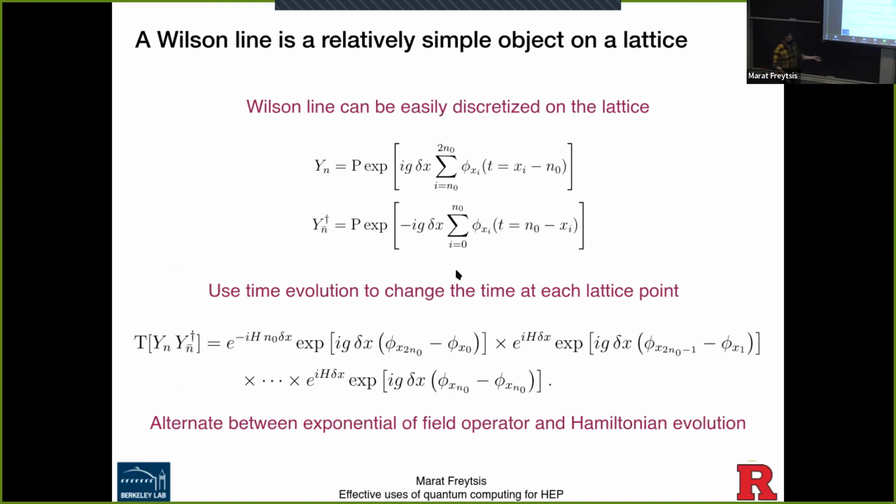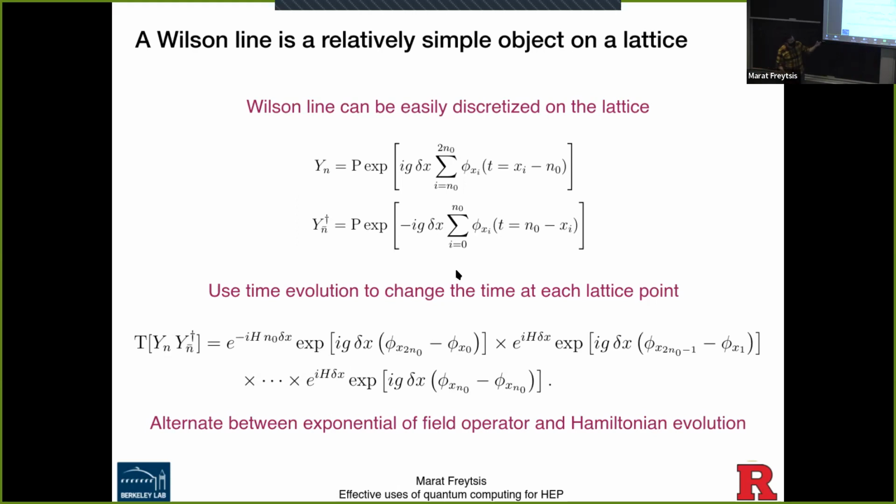And if I discretize everything, it can all be written down as some number of field operators acting on the state at subsequent points in time, and in between each of these points in time, I have to evolve the state with the Hamiltonian for the exact same amount of time, because this is all happening along a null light cone.